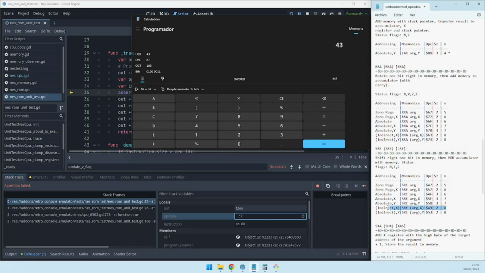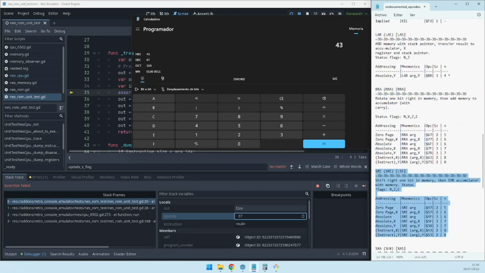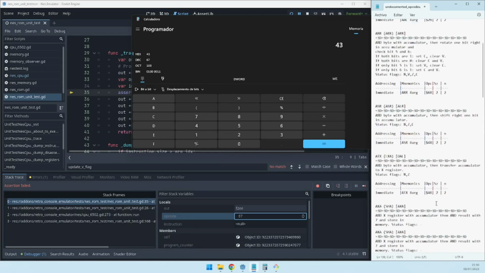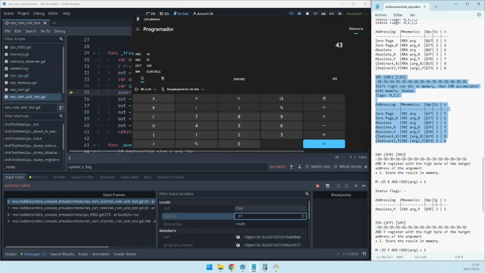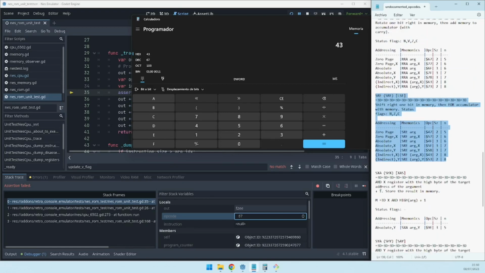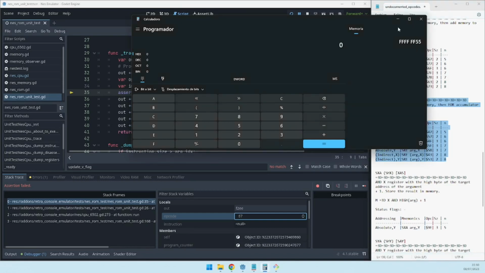Yes, I see 43 with my own eyes without having to search for it. If we are lucky, we are going to finish the entire document today. Anyway, so this is shift right and then exclusive OR. What strange combinations of instructions.